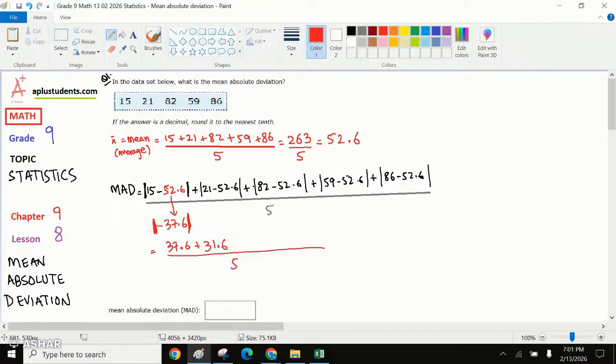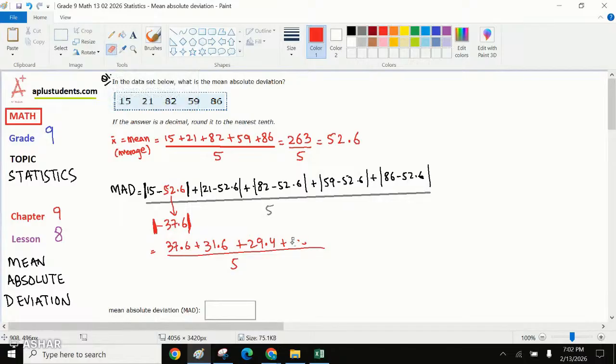82 minus 52.6, that is 29.4. Then 59 minus 52.6 in the modulus, sorry, I wrote 89. 59 minus 52.6, that is 6.4.